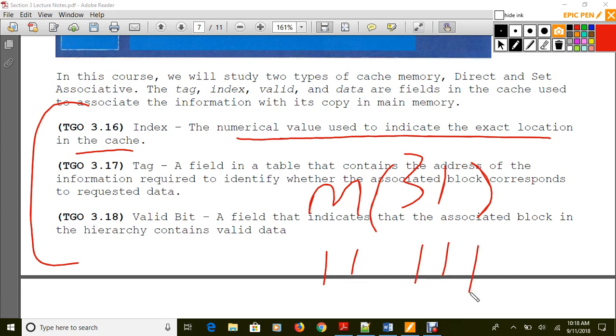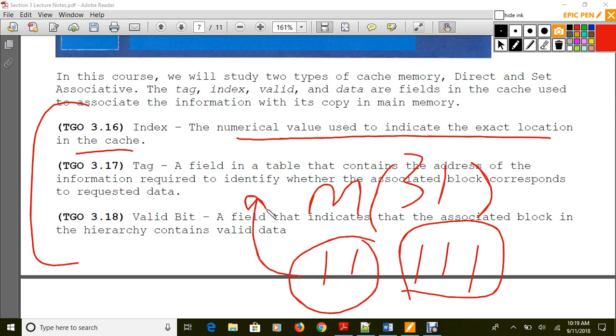Now I have an index and a tag, right? If I have two-way set associativity, that means it's going to have 2 bits to correlate which values I want. So if I have 8 blocks, I use this as my index and this is my tag.